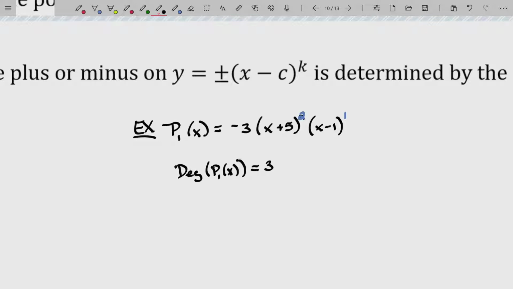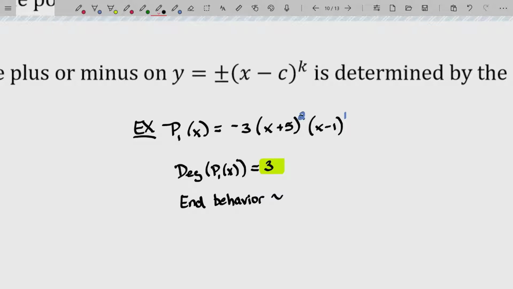And then the next thing you're going to note is the end behavior. And the end behavior is going to mimic a master function. And that master function is going to be dependent upon the overall degree of the polynomial. If it's an odd degree polynomial, which this one is, it will mimic the behavior of x cubed with a slight modification.